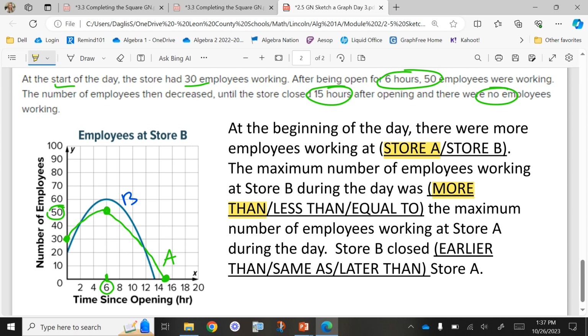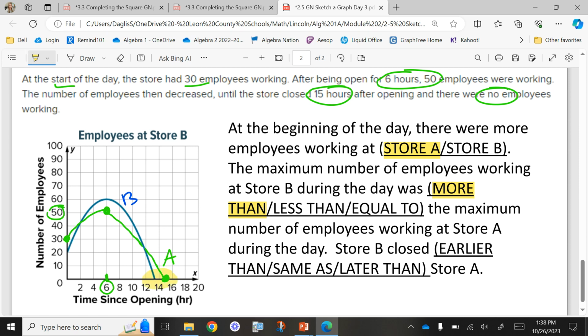Last sentence: store B closed earlier, the same, or later than store A. So B is blue. Did blue close before, the same, or after the green? Where do I even look to figure out where they're closing? We're looking at the bottom.